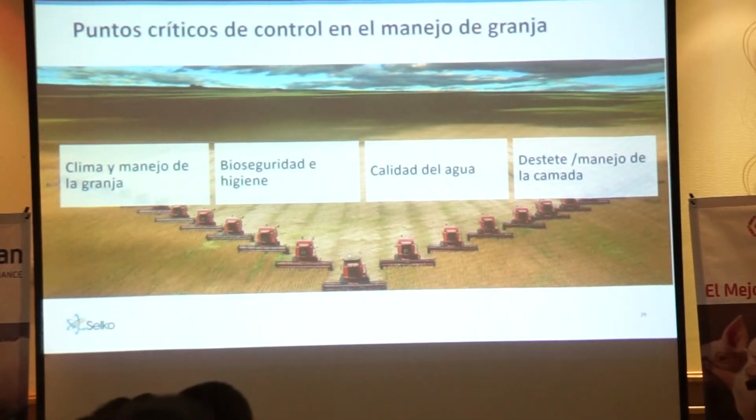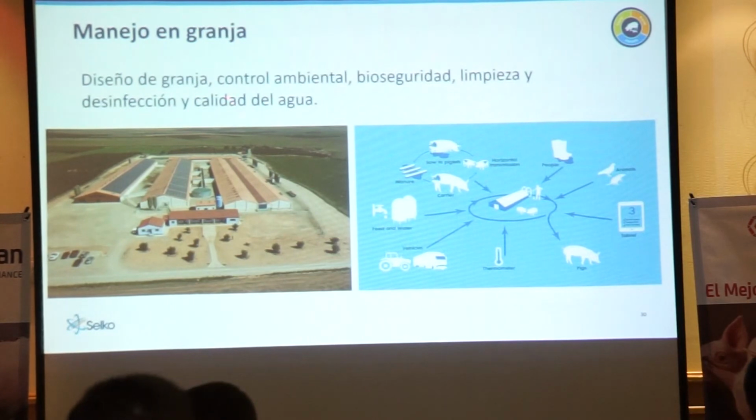Critical points in the farm management will be, of course, climate and farm equipment tools, biosecurity and hygiene, water quality, very important, and management in the piglets. So, for example, in farm management, we have to take a look at the design of the farm.